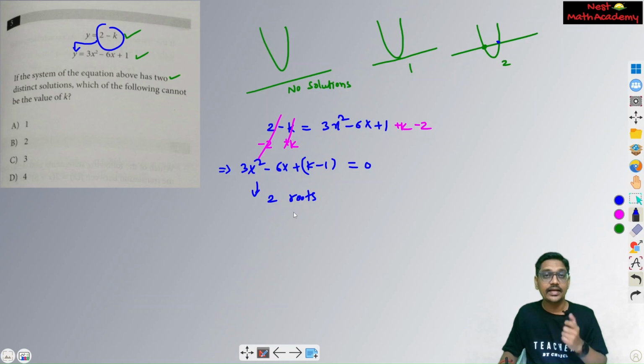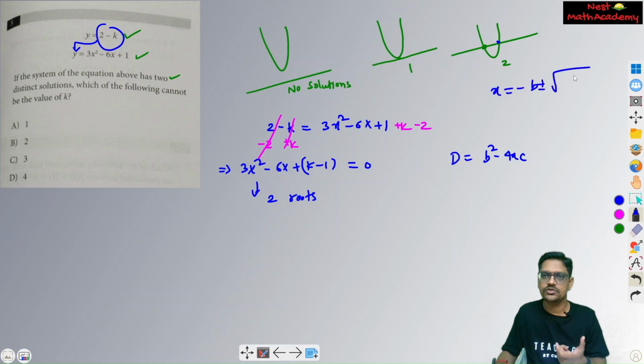So we know that the nature of the roots of the quadratic equation, there is something called discriminant, b square minus 4ac. Remember, in the quadratic formula, minus b plus minus root of b square minus 4ac over 2a, this quantity inside the square root is known as discriminant.